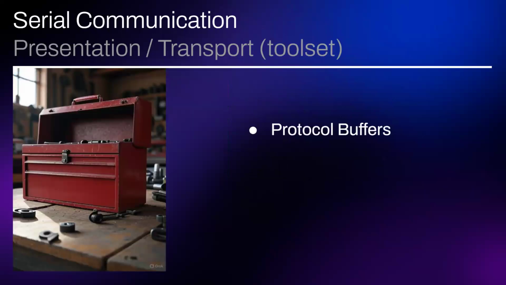So what's the tool set we can use here? There's a library or framework called Protocol Buffers. It comes from Google. It's pretty much industry standard for doing these logical data frames. MQTT, if you're using any kind of IoT device, is a very popular transport.